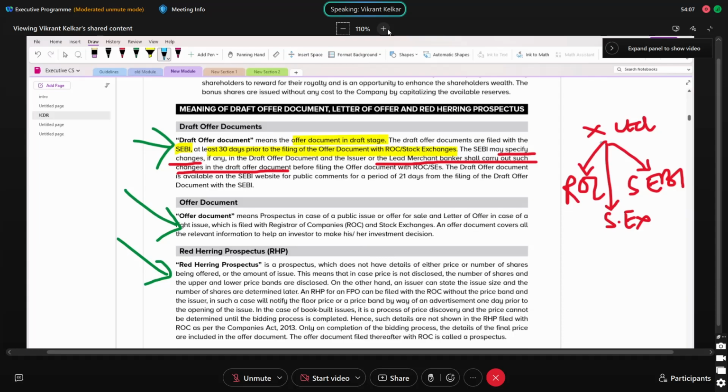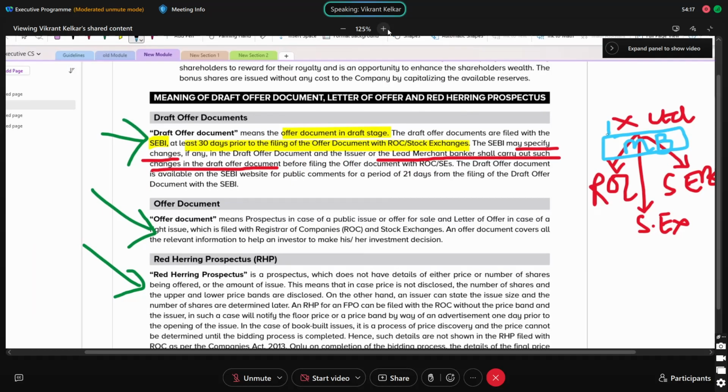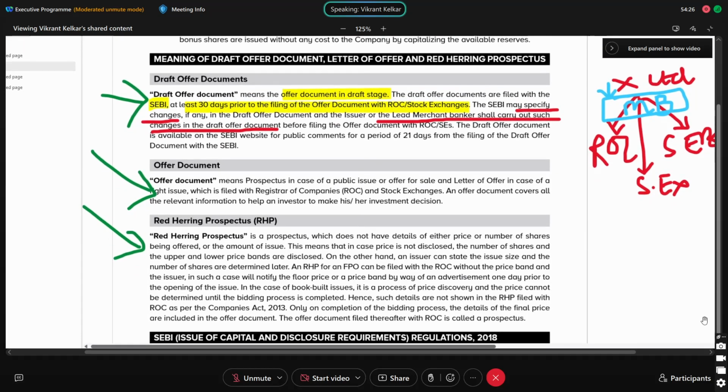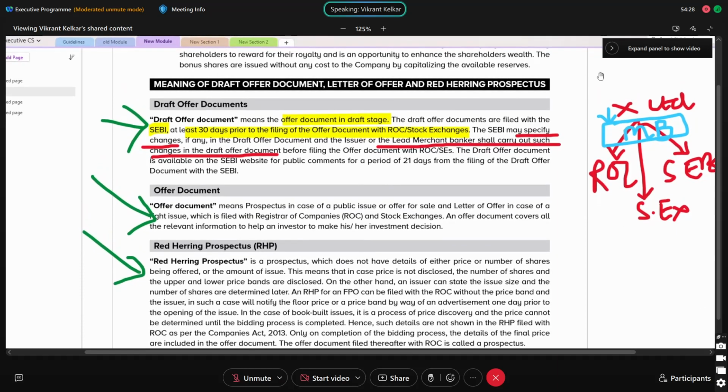That X Limited, before going to these persons, firstly should meet with whom? The merchant banker. Correct? So merchant banker is nothing but the advisor for the company, who is going to comply on behalf of the company with all the requisite requirements as per different enactments and regulations.